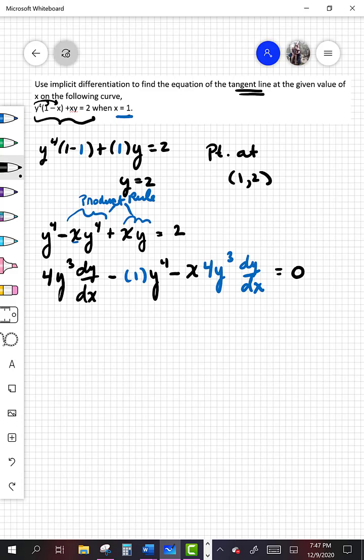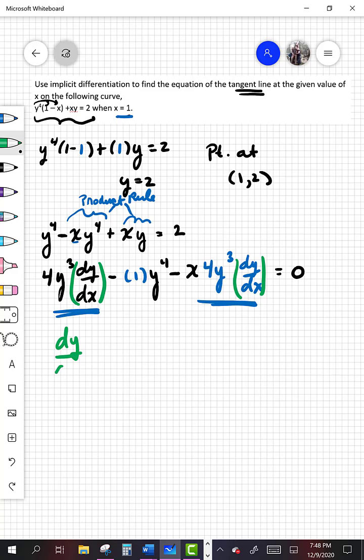So we want to have all the terms that have dy/dx on one side of the equation, and we want to get everything else to the other side of the equation. So let's add this y to the 4th on the other side, and at the same time, let's factor out this dy/dx from the other two terms.